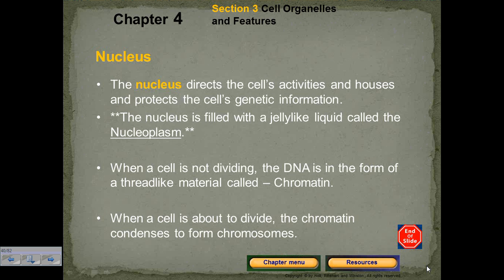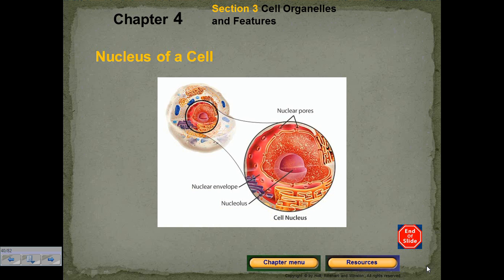Well, when the cell gets ready to divide, those linear chromosomes coil up into a rod-shaped structure, and that's called the chromosome. So when the cell is not dividing, it's in chromatin, and when the cell is getting ready to divide, that DNA starts coiling up into chromosomes. So you do need to highlight that.